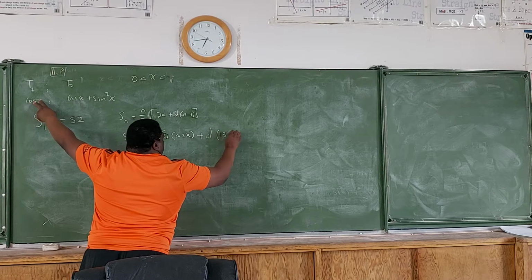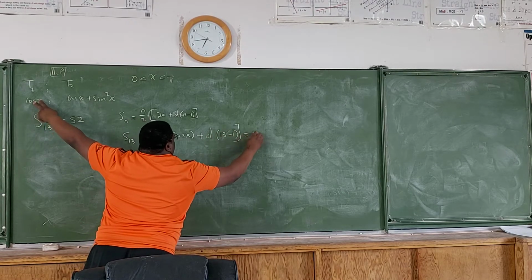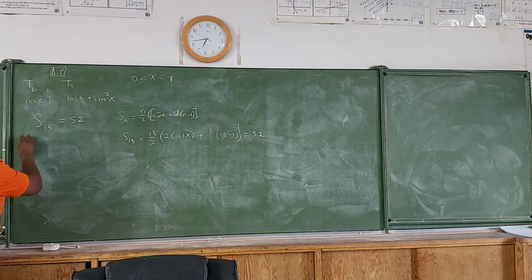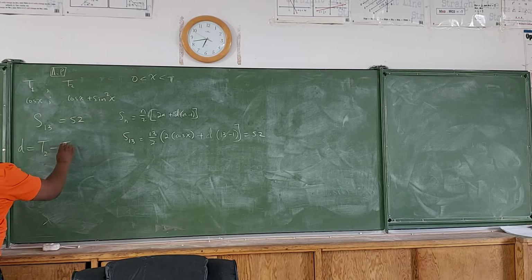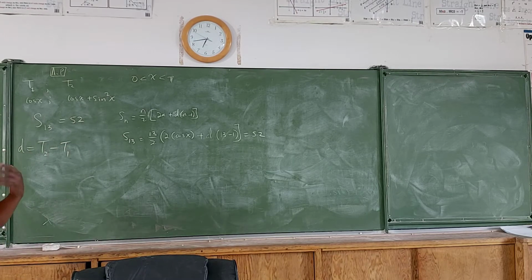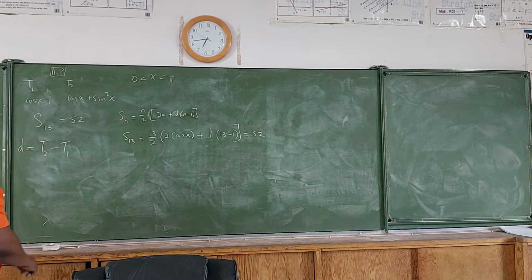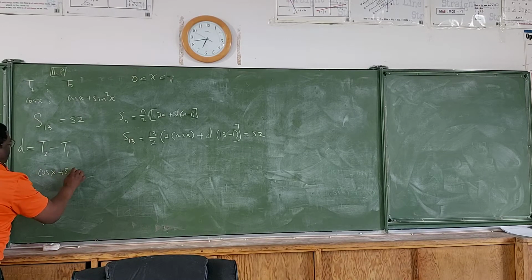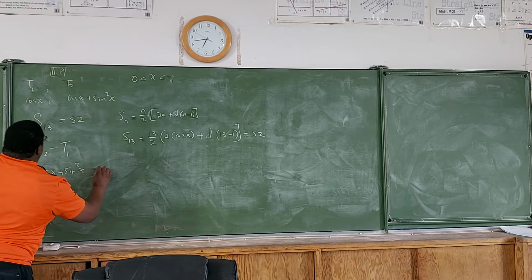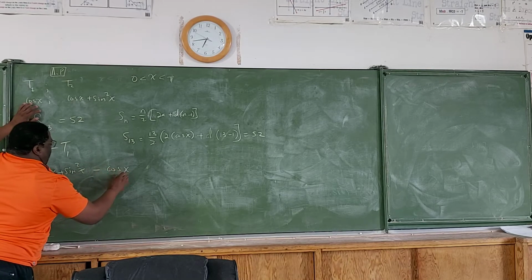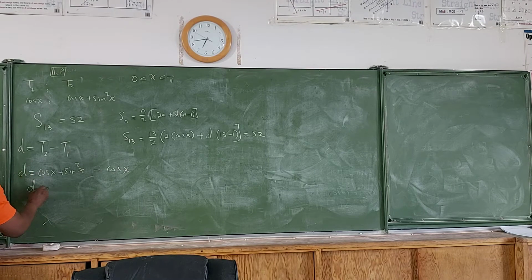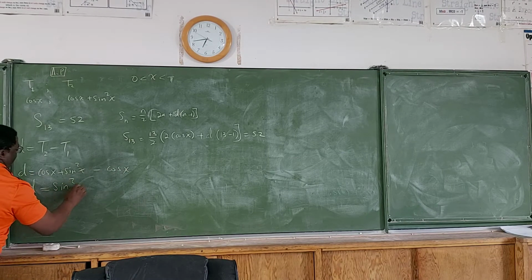Then this is going to be 13 minus 1, and that should give you 52. So we need to calculate the d. Our d is normally term 2 minus term 1. You subtract successive terms from each other. The second term is cos x plus sin square x minus the first term, which is cos x. So basically, the cos x is cancelled. So our d then is sin square x.